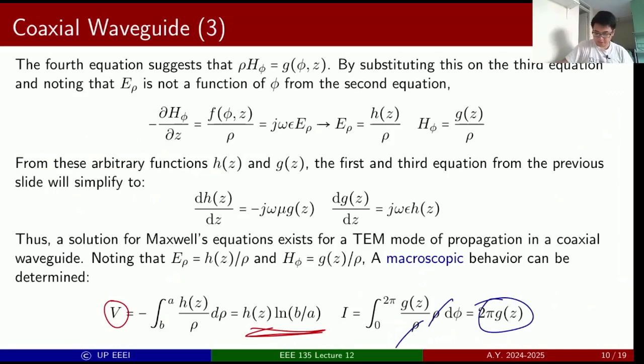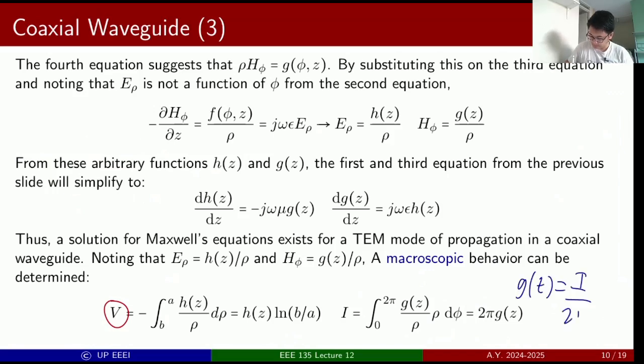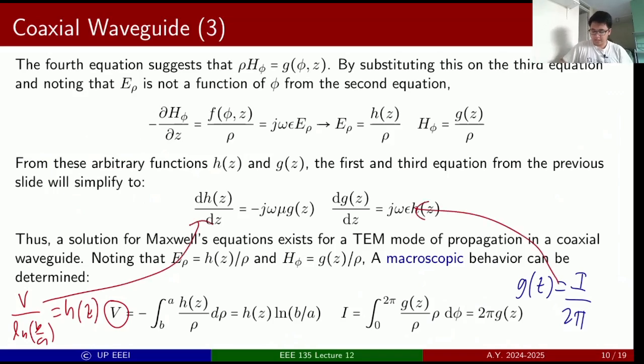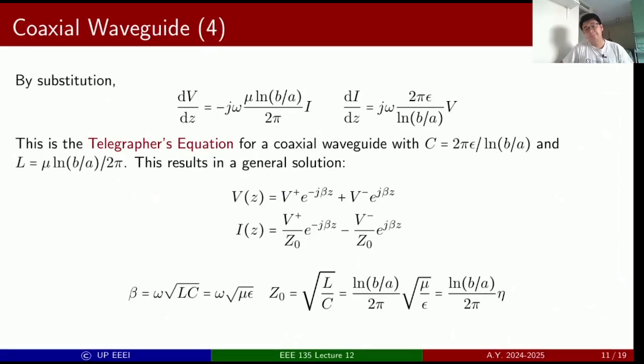You can now substitute g of z as equal to current I divided by 2 pi. And your h of z is voltage divided by the natural logarithm of b over a. So you can now put that back into these equations, and then you'll be left with this, which is still the telegrapher's equation, but for a coaxial waveguide.